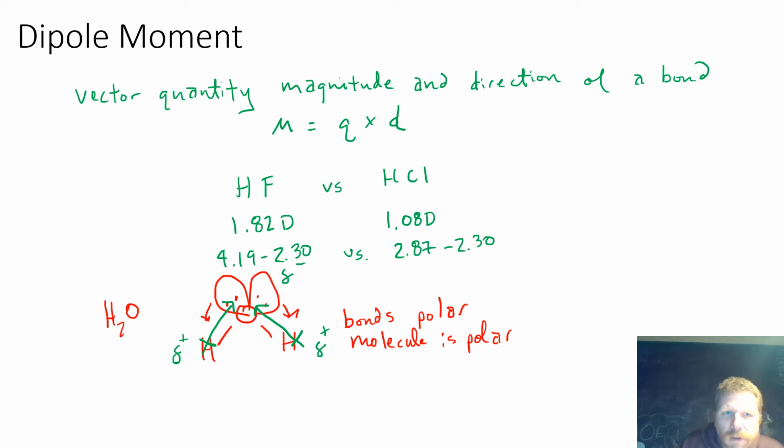Now what's important about this is, where does that actually show? The key factor here is that this is a vector. So we need to signify where that dipole moment is, and we have one signifier for this molecule. We have our partial positive charge basically halfway between our two hydrogen atoms.